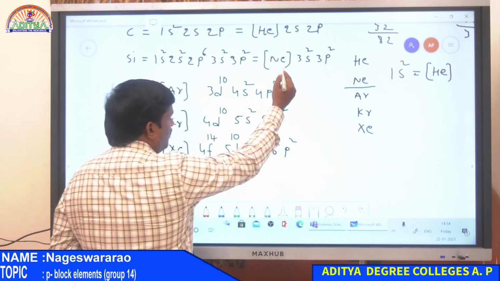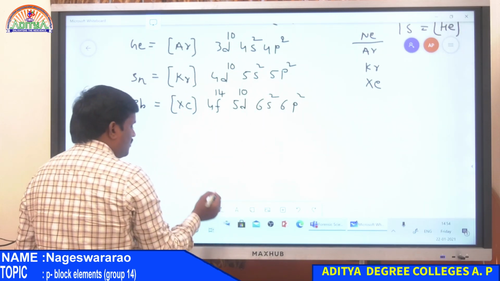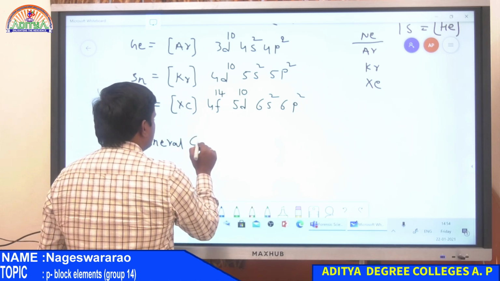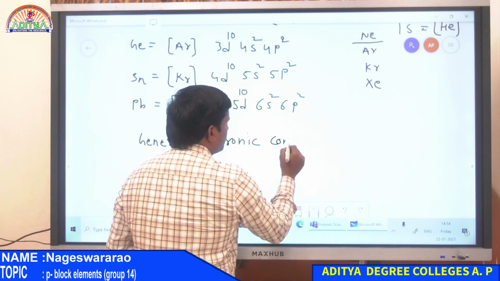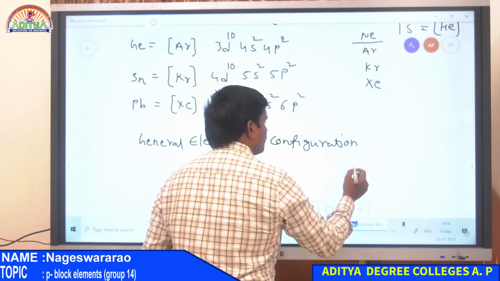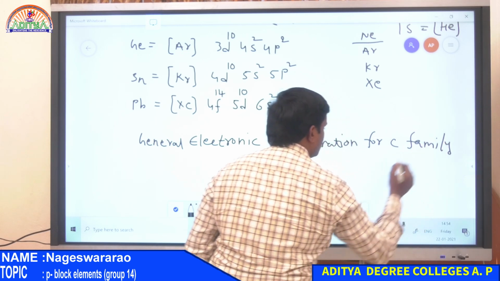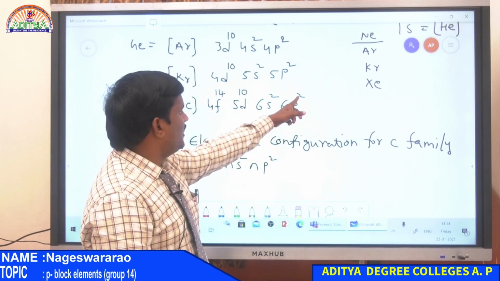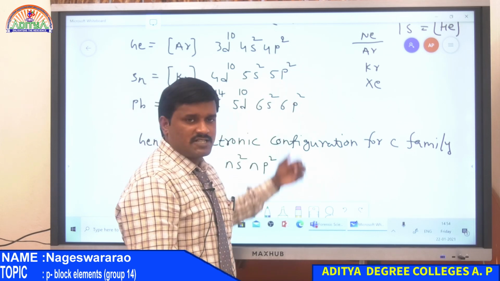By observing all these electronic configurations, the general electronic configuration for the carbon family is ns2 np2, because the last electron enters into the p orbital, and also the last ones are 5s2 5p2, 6s2 6p2, and so on.